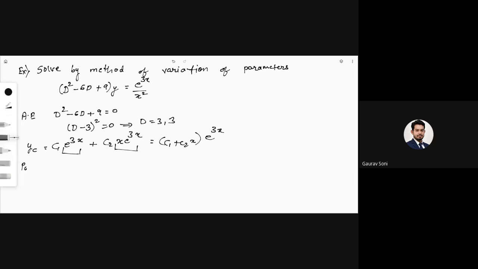So by variation of parameters, yp will be equal to u times e to the power 3x plus v times x into e to the power 3x.